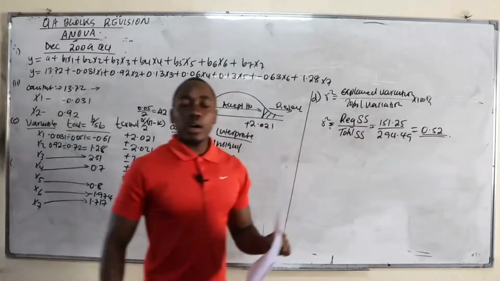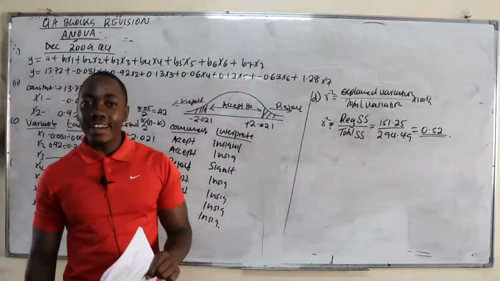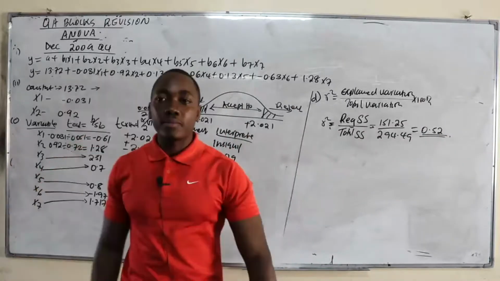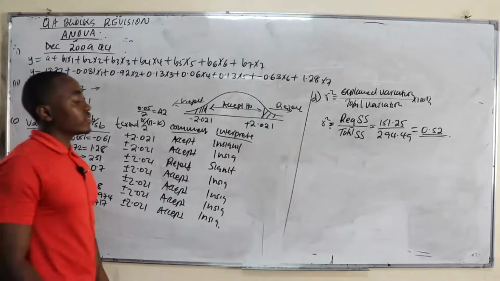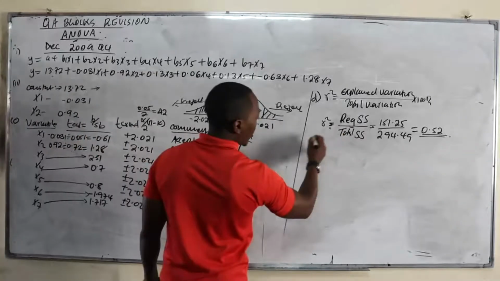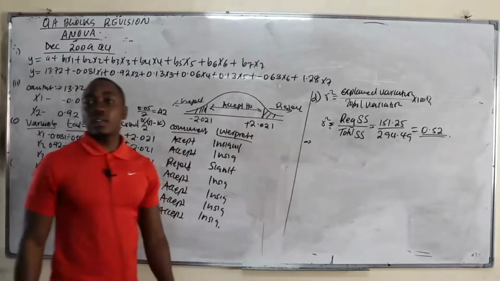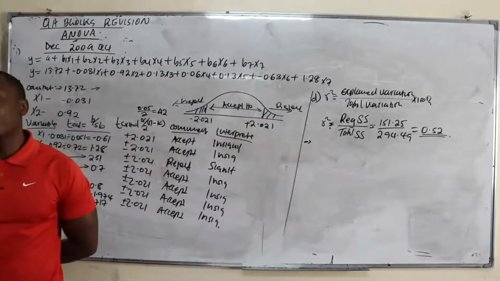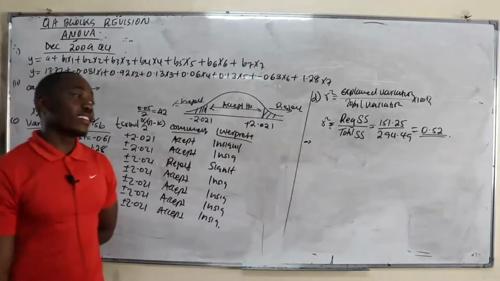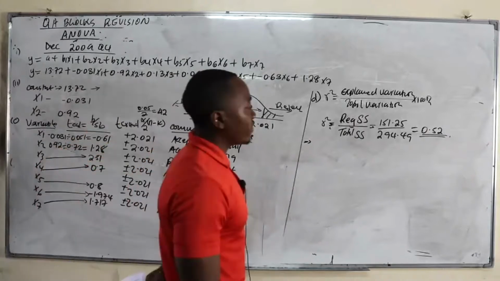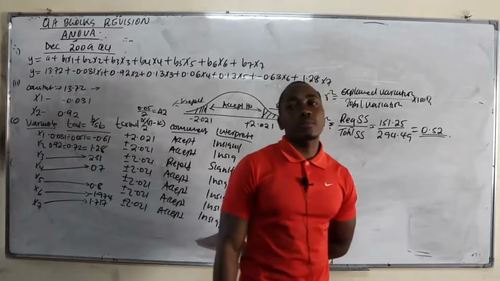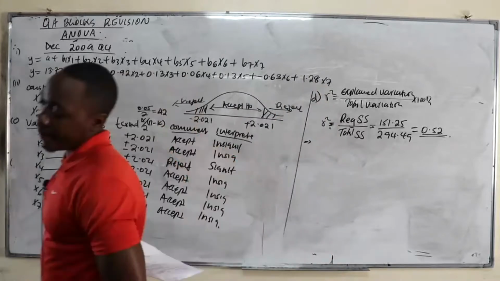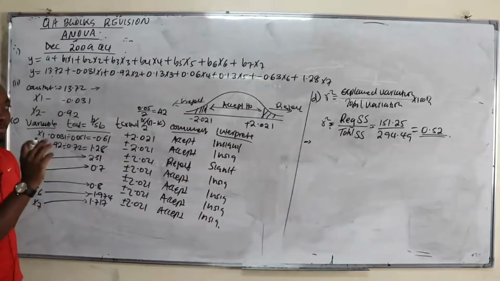You are told that you computed, you interpret. Who can help you interpret that? Let's try to interpret that. 52% explains what? I never said that. What does it mean? Now, I want you to put that in a good statement.